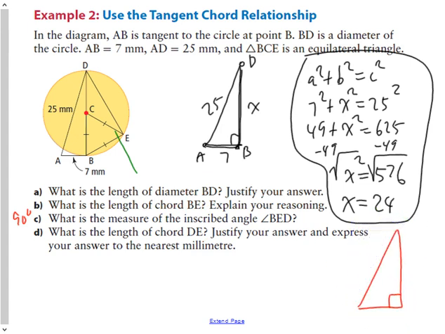So this distance, which is the hypotenuse of the triangle I just drew, we know to be 24 because we already solved it. This distance of the right triangle is the bottom line, and it's a radius, which makes it 12. And this distance is actually the chord DE and would be x.